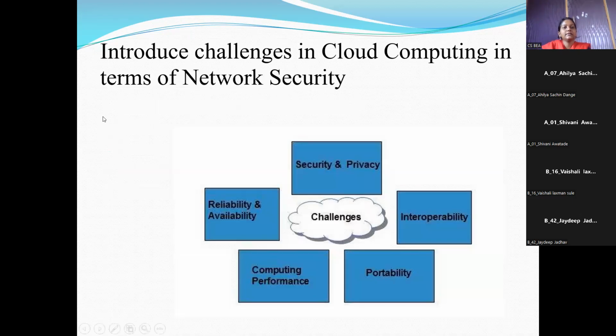Then coming towards the next, we introduce the challenges in cloud computing in terms of network security. Some of the challenges highlighted over here are security and privacy, interoperability, portability, computing performance, reliability and availability.